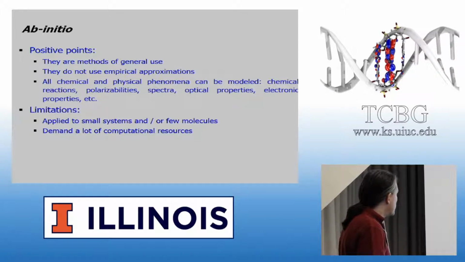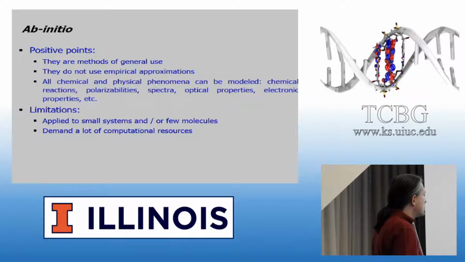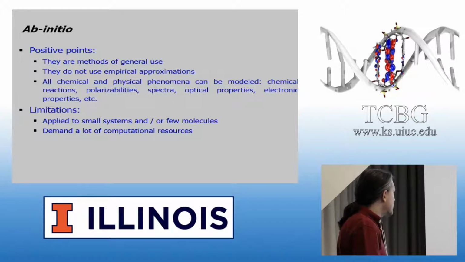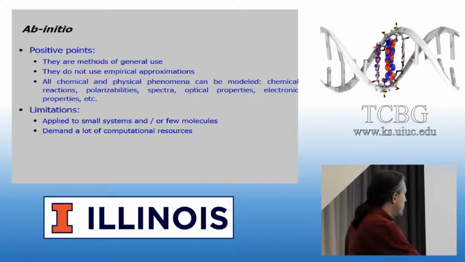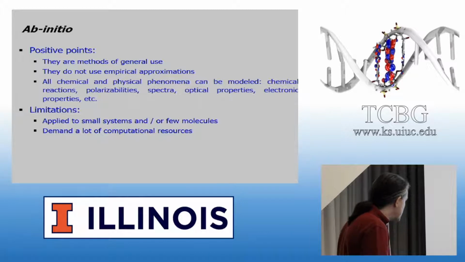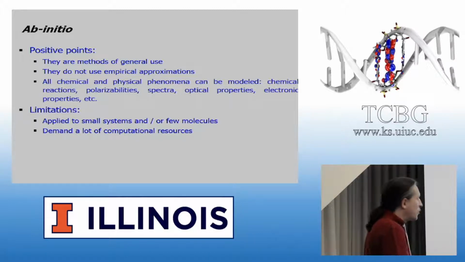All chemical and physical phenomena can be modeled: chemical reactions, polarizabilities, spectra, vibrations, optical properties, electronic properties, magnetic properties, and so on. But the limitation is this type of methods are applied to a small system or few molecules, okay? Because they demand a lot of computational resources.